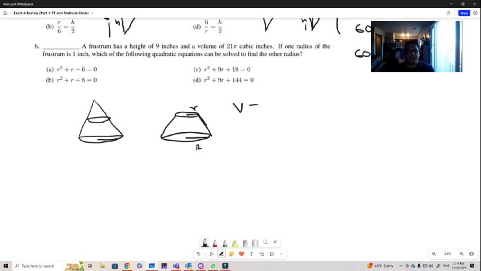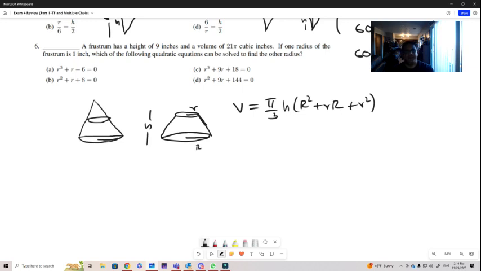The formula for the volume of a frustum is pi over 3, which is because this is still a third of the formula of the cone, times the height, whatever that is, and then times R squared plus R times the small r plus small r squared.